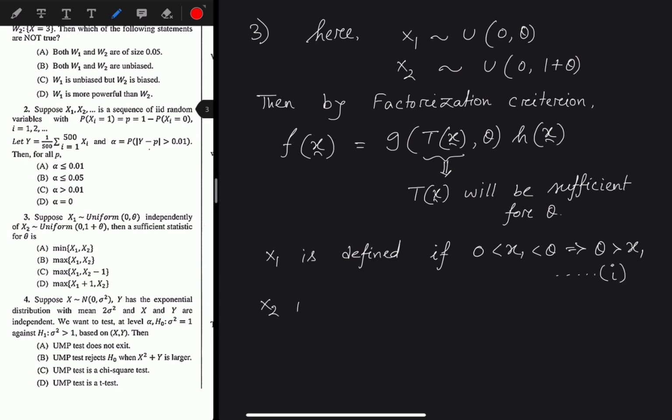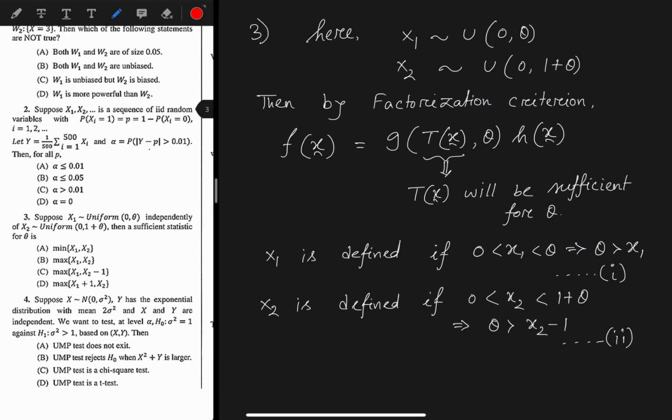And x2 is defined if 0 less than x2 less than 1 plus theta, and that implies theta greater than x2 minus 1, and let's say this is equation 2.